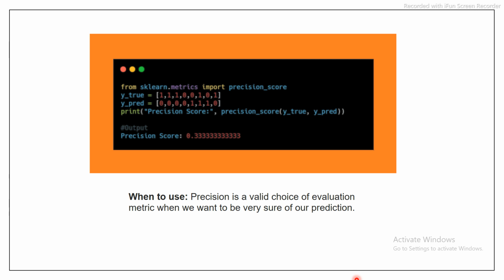Okay. Now, when to use precision? Precision is a valid choice of evaluation when we want to be very sure of our prediction. So if you want to be more sure of your prediction, check this precision metric. Try increasing the precision and try reducing the false positives.